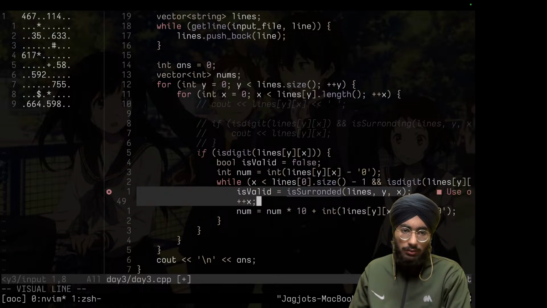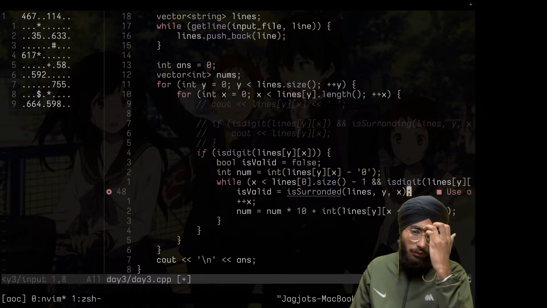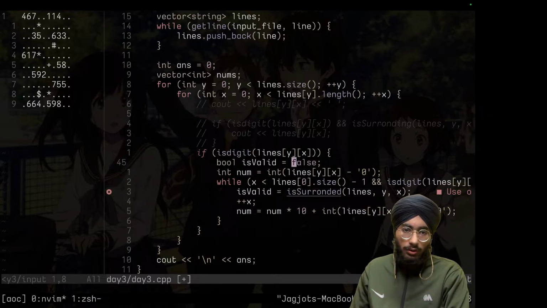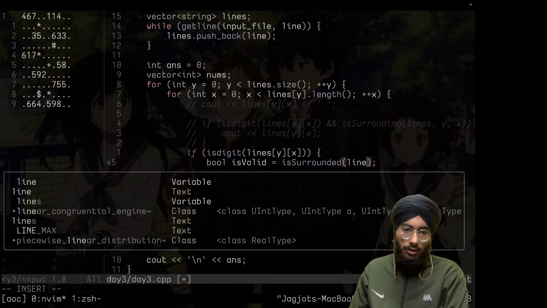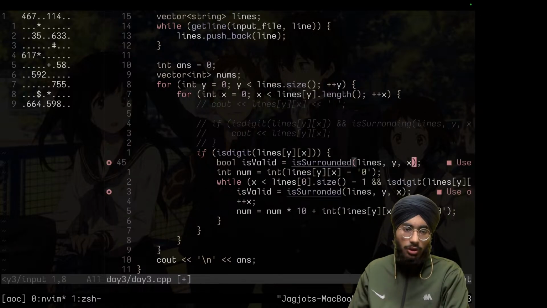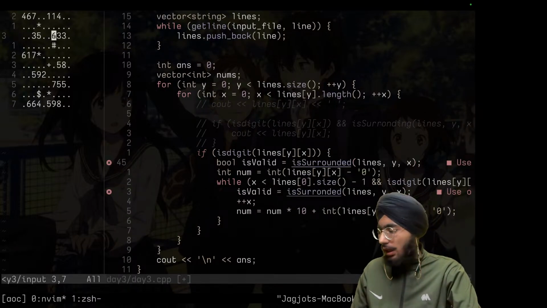And are we gonna do this before the incrementation, or should we do it after the incrementation? Is surrounded lines y and x. It should be like this, right? Because if you're gonna put it to false, see, it is not false here, right? It's gonna be false, false, and it's not gonna get into the nums list.